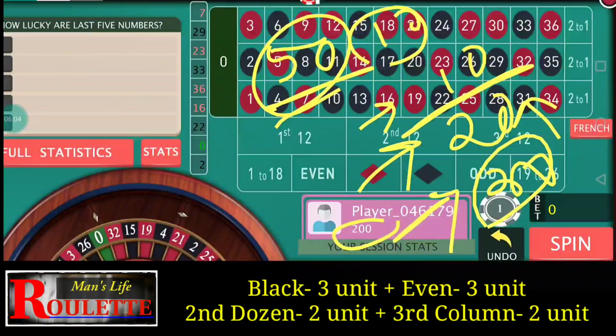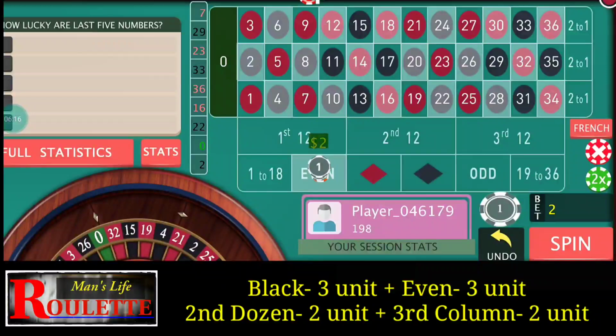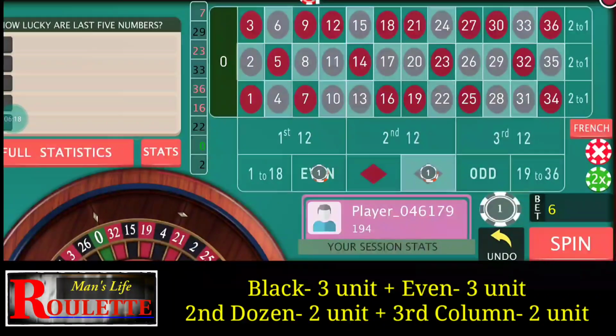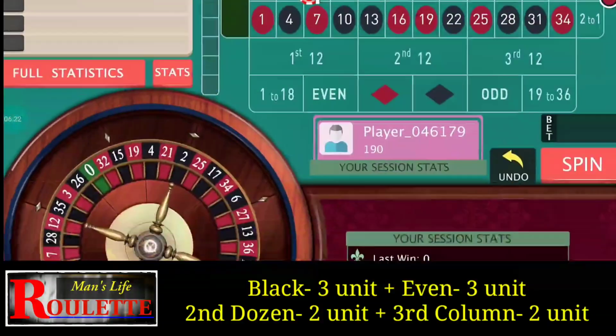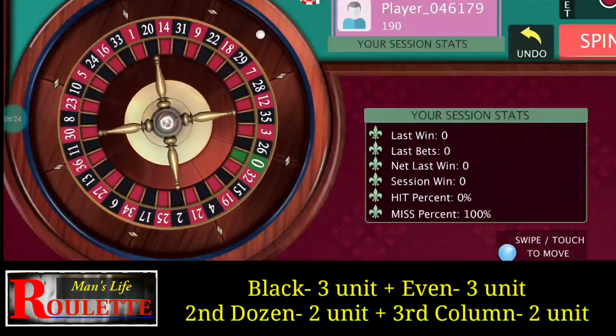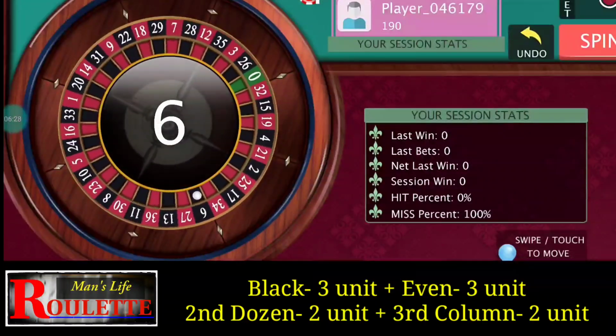So this is the strategy you can develop yourself and test yourself. Now some gameplay with this strategy. This is the position I told you earlier, and 2 units at both the dozen and column, and play. We have started the game from a $200 bankroll, and our target is $30, as I told you.